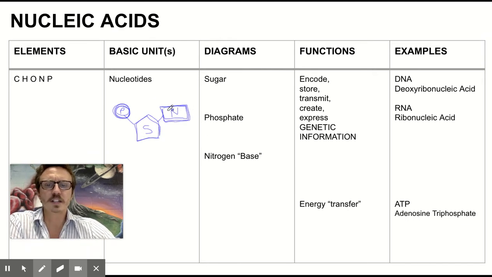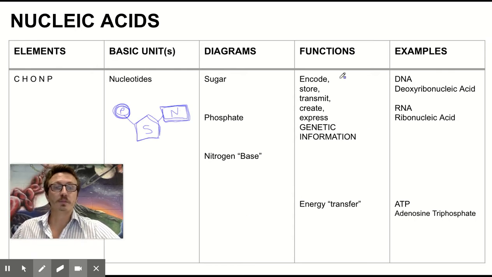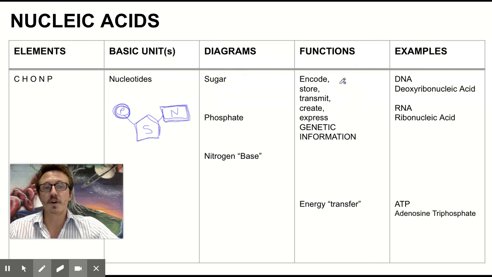And sometimes you'll see this nitrogen base referred to as a nucleobase, but it's simply a nitrogen-containing compound that behaves like a base. Now, what are their functions? So, a vast majority of the nucleic acids are going to be involved in genetic information, right? So our genes that are found in our DNA, since it's DNA, it's going to be made of many nucleotides, right? And so nucleic acids are involved in encoding, storing, transmitting, and expressing our genes.